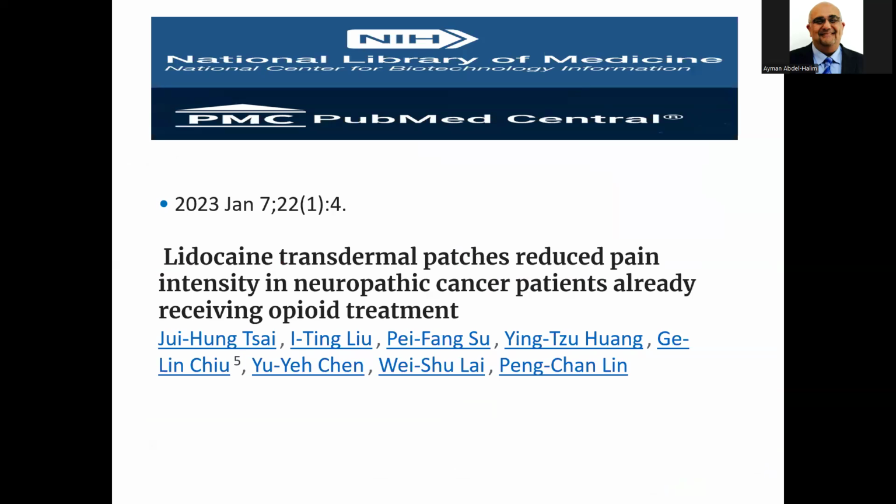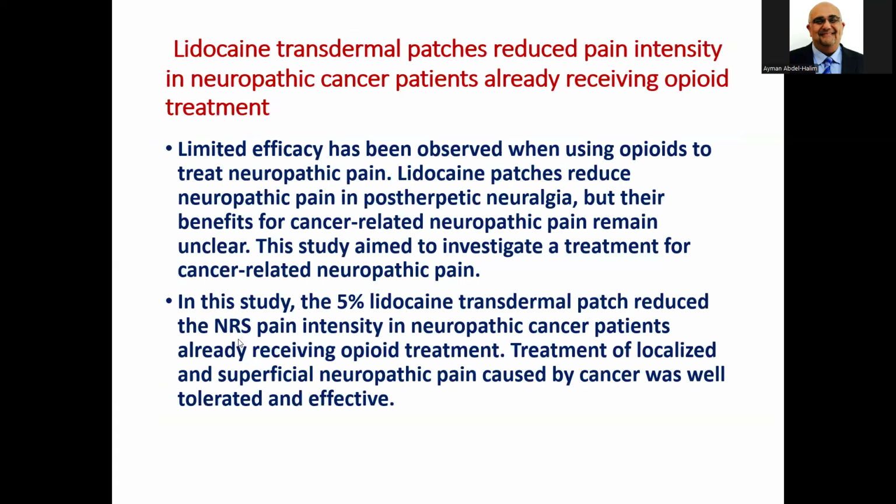As you see here, lidocaine transdermal patches reduce pain in neuropathic cancer patients already receiving opioid treatment. I just put some information about this article, and here they're using it mainly in post-herpetic neuralgia.